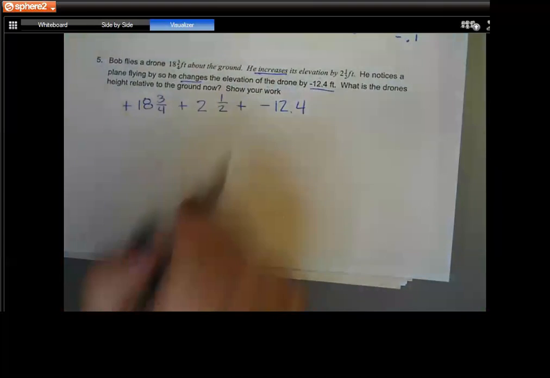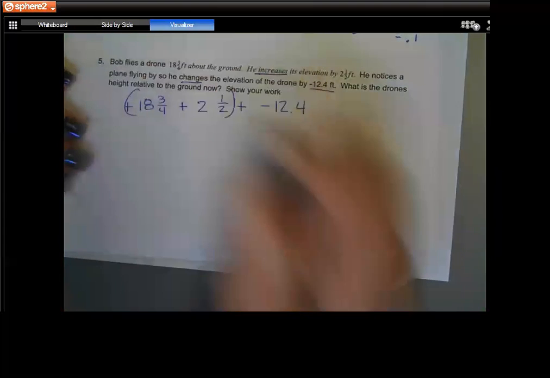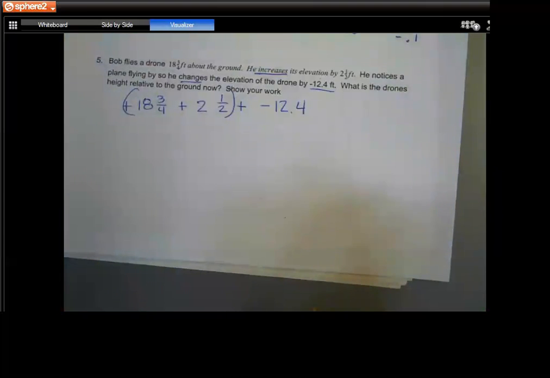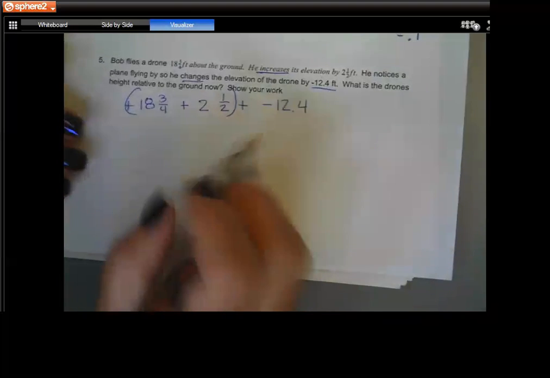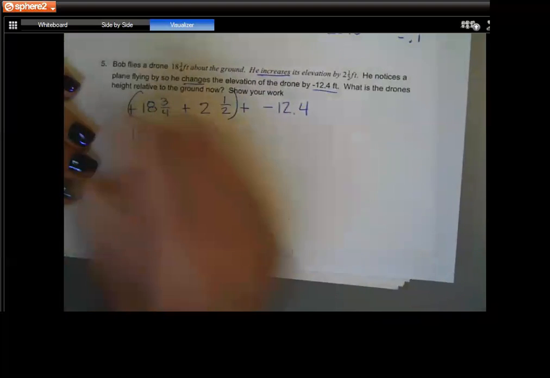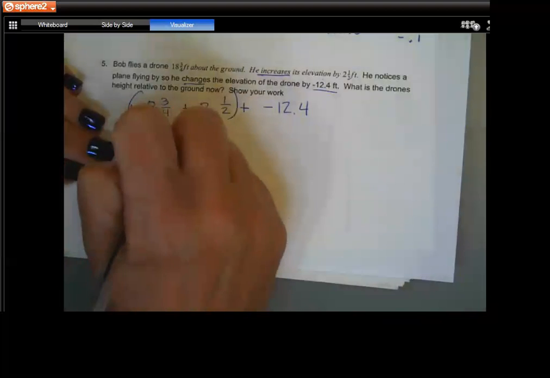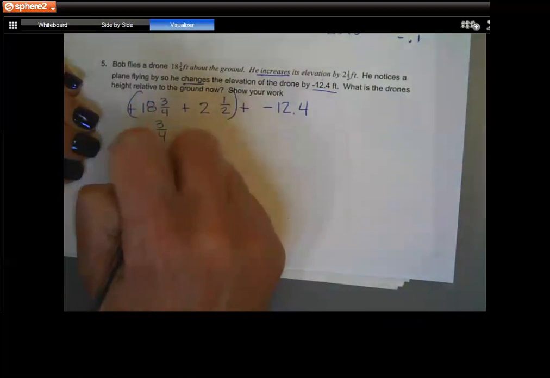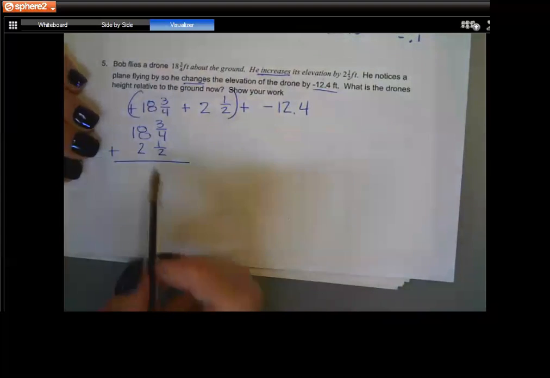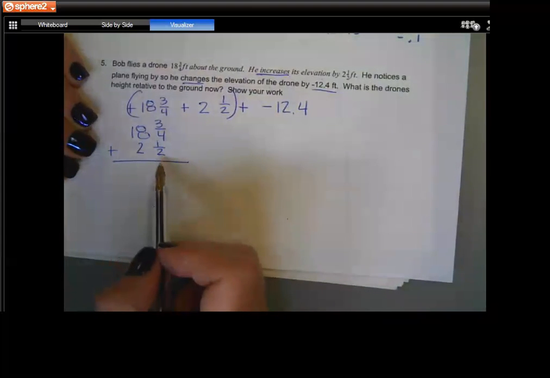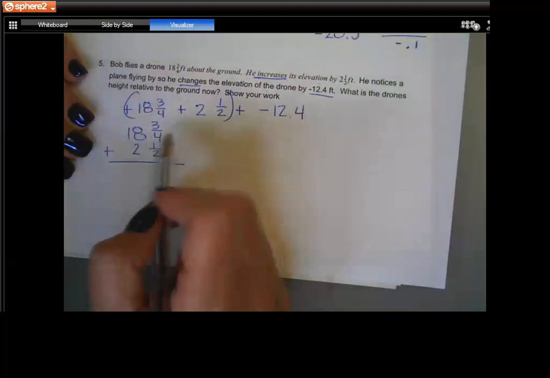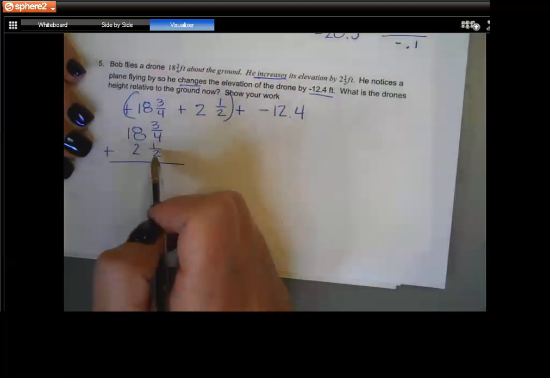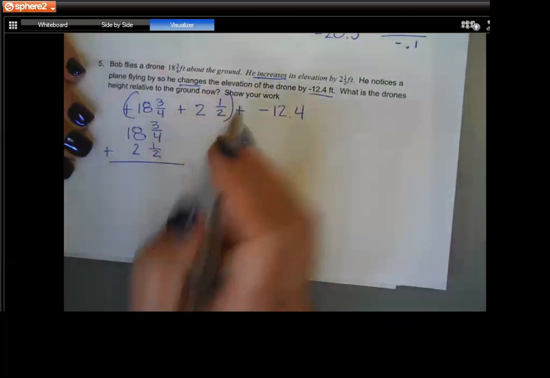So the first thing that we're going to do is we're going to add these together. Now, when adding fractions, remember what I told you? I like to add them this way in column form. So first step, I can't add my fractions because I need a common denominator. So 2 and 4 both go into 4.